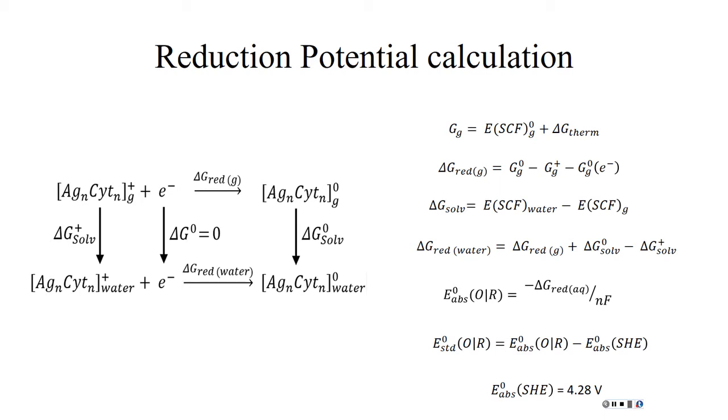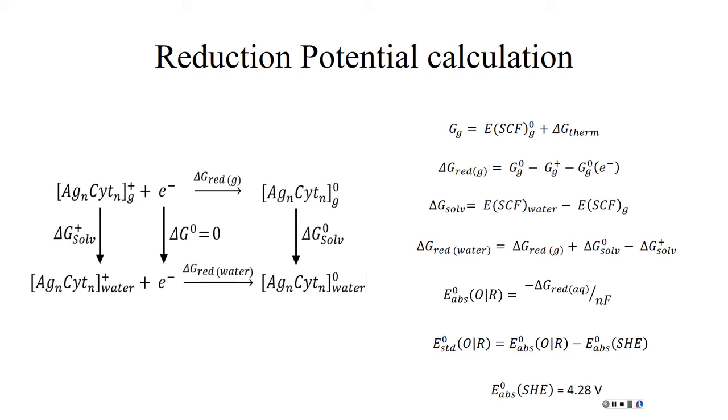From the energy difference we get the solvation energy, and by substituting these two energies with the thermal corrections, we get the reduction potential in vacuum. Then we can calculate the reduction potential in the water medium by maintaining this cycle. So these are all the equations here.